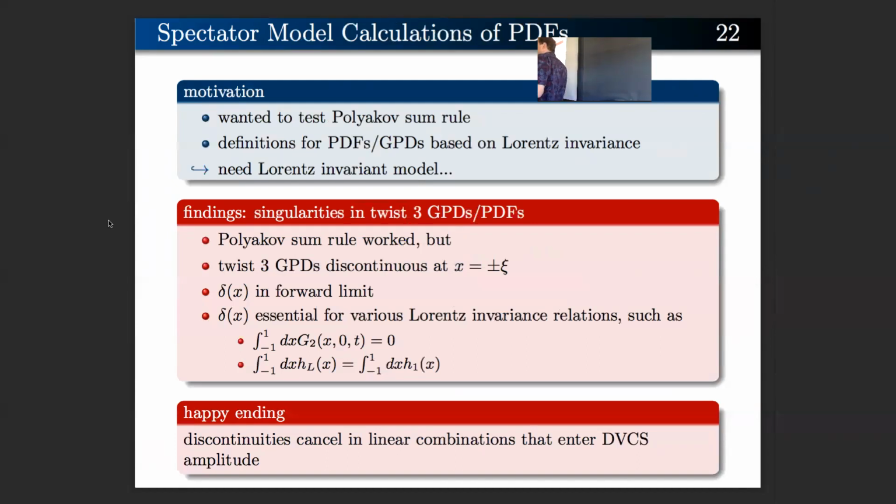And even worse, if you take the forward limit, you go to PDFs. In most cases, these discontinuous contributions pile up to delta functions. And it turns out that these delta functions are essential if you want to test extended Burkardt-Cottingham sum rules, because if you don't include the vicinity of x equal to 0, you may find such relations to be violated.